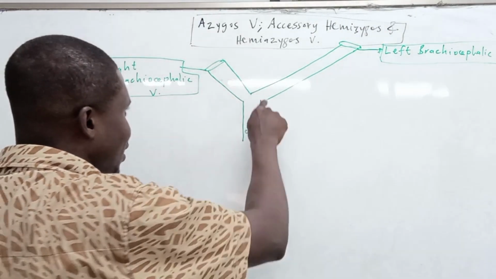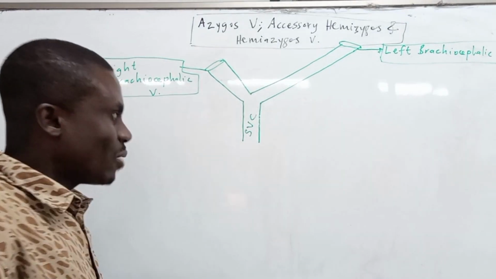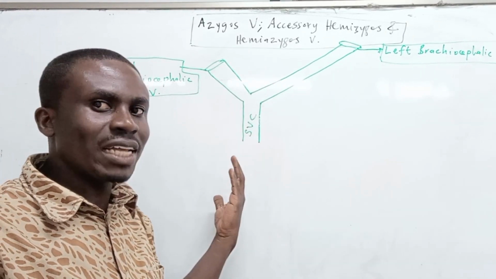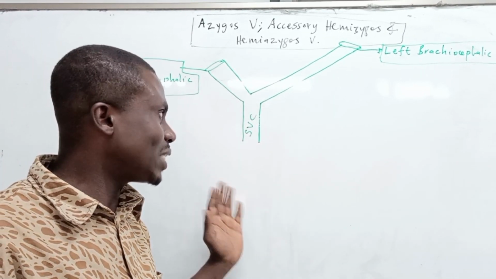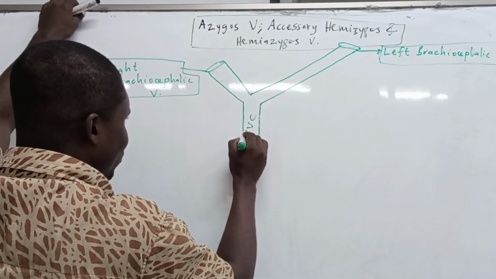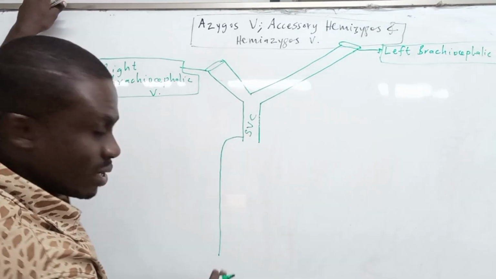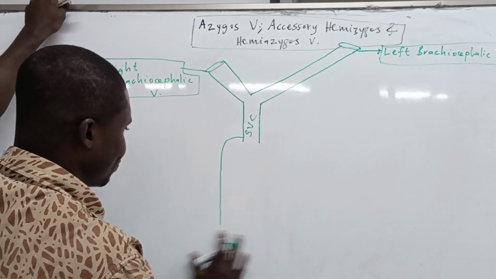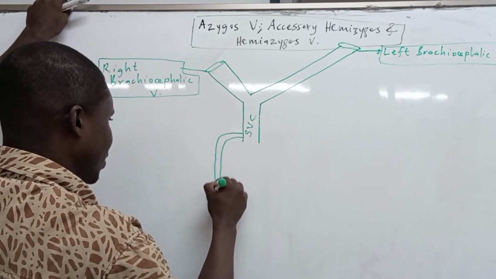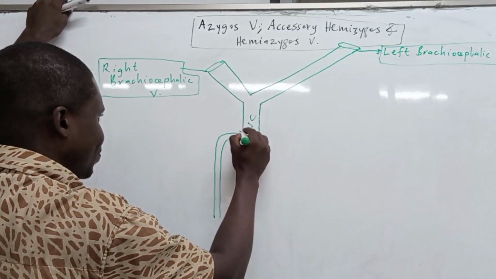Now the next thing I want you to understand is that we are going to the right side. Remember that the superior vena cava is toward the right side, just like the inferior vena cava. At the level of the T4 vertebra, this vein is draining in here.